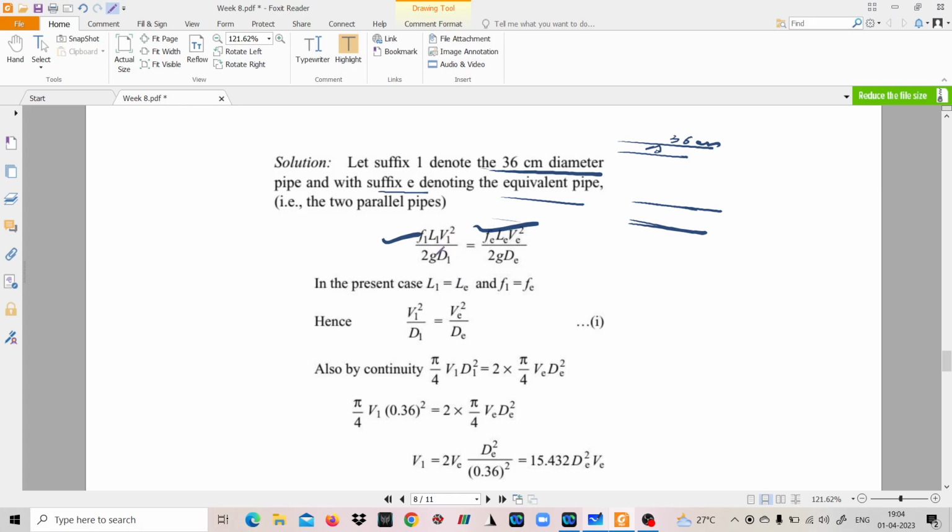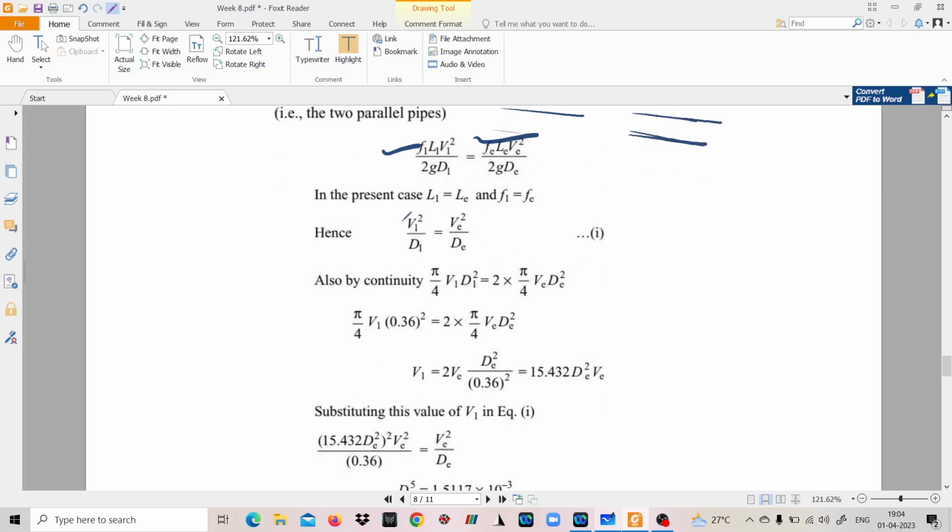So f1 L1 V1 square by twice g D1 is equal to fE LE VE square by twice g DE. In the present case, the length we are not changing, so L1 is equal to LE, and it is also given in the question that the friction factor of the pipes remains unchanged, that is f1 equal to fE. Therefore V1 square by D1 is equal to VE square by DE.